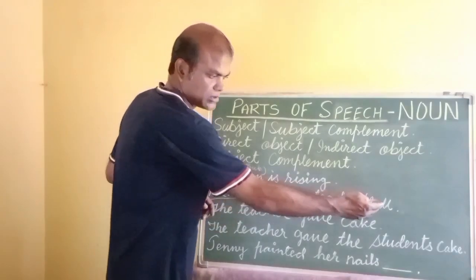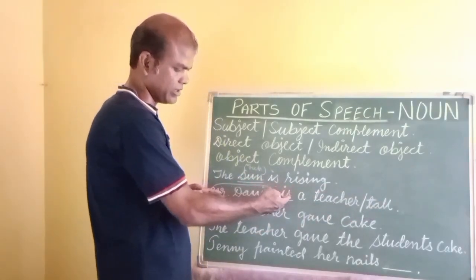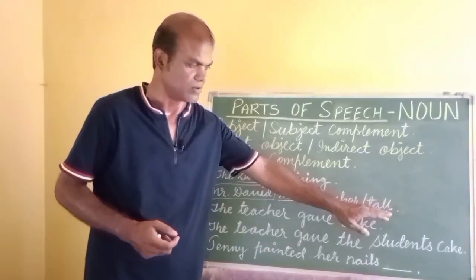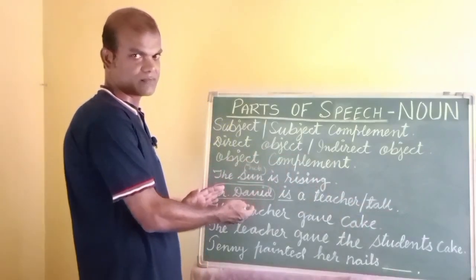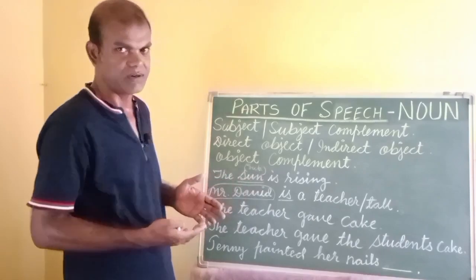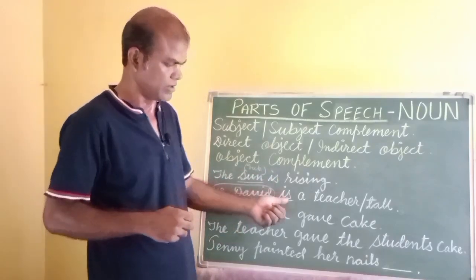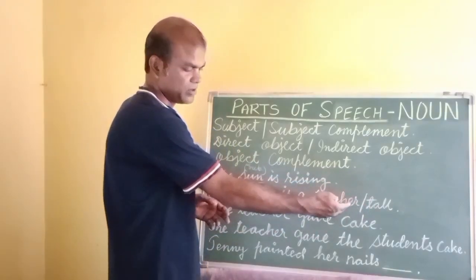Now if we use this adjective with this sentence, we'll get Mr. David is tall. Now this adjective is describing the person David. Okay, how is David? He is tall. Mr. David is tall, or Mr. David is a teacher. The complement, this is the subject complement.